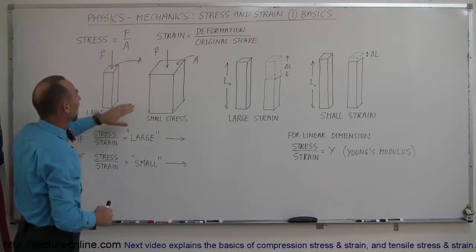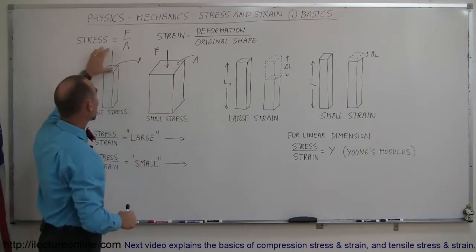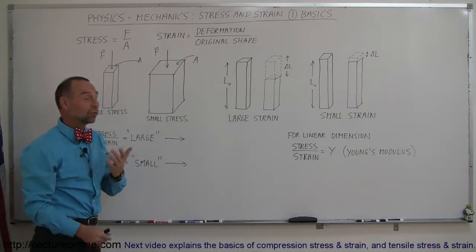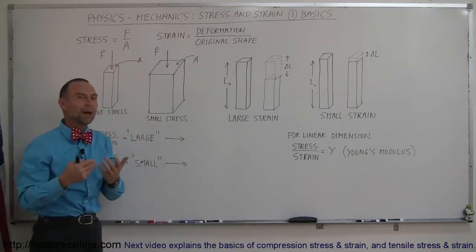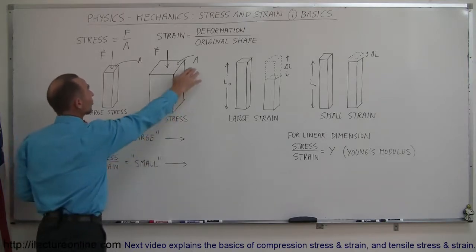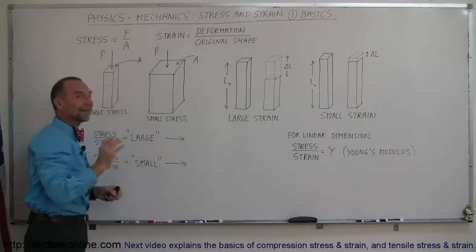Now notice that if we have a larger cross-sectional area, like a much bigger beam like that, and we apply the same force, but the area is different, then the material will experience a different amount of stress. And you can see that if the area is larger, a larger area makes this a smaller quantity. That means there is less stress.